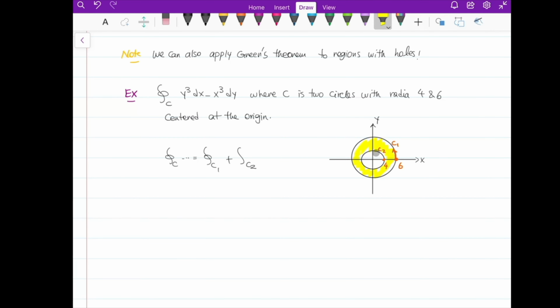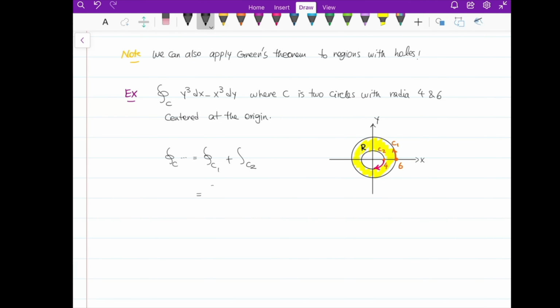But for C2 to be positively oriented, C2 should be clockwise. C2 should be in this direction, clockwise, so that if we move along C2, the region R, which is the region in between two curves, is on its left.